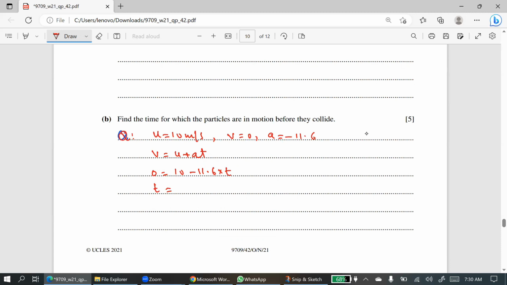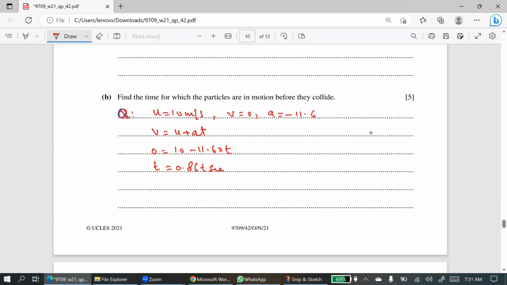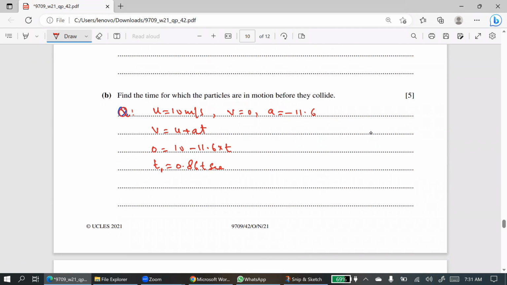Now the time is 0.862 seconds. This one is the time for the first stage of motion when particle Q is moving upwards.